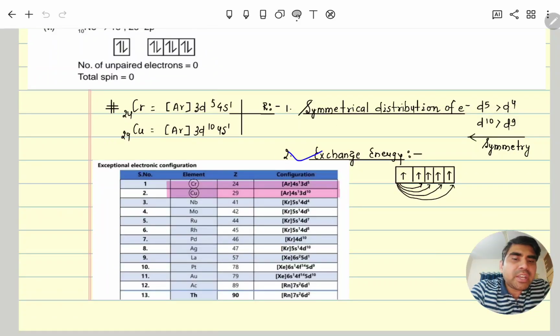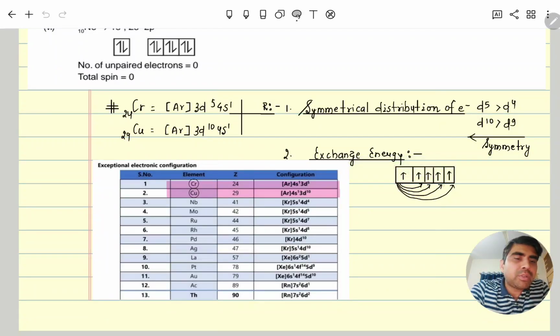And another reason is exchange energy. What is exchange energy? When we are doing half filled, this electron can exchange its position with this electron also, this electron also, this electron. Similarly, the second electron can exchange position with the third also, fourth also, fifth also. The third electron can exchange its position with the fourth also, fifth also.